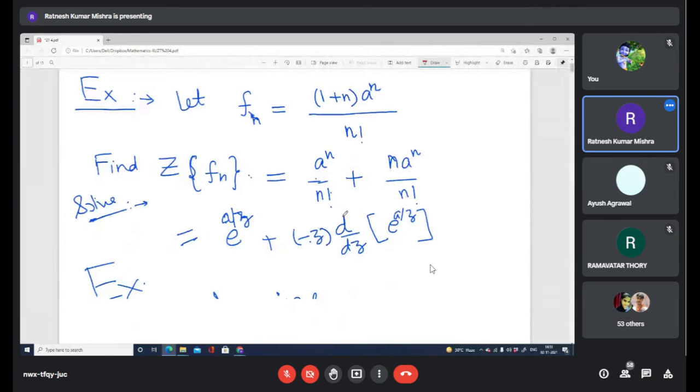This is the inverse z transform of z square by z minus p z minus q. Yes, you can directly write the inverse z transform of this whole thing.